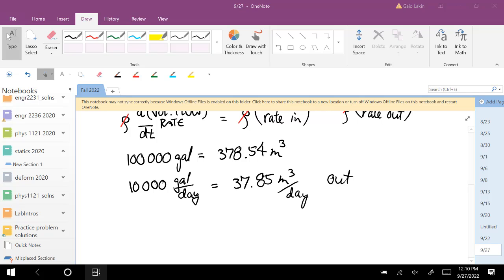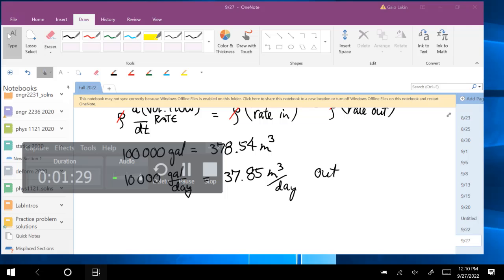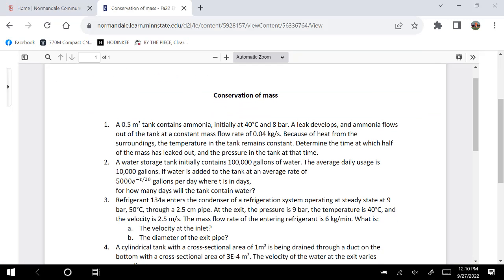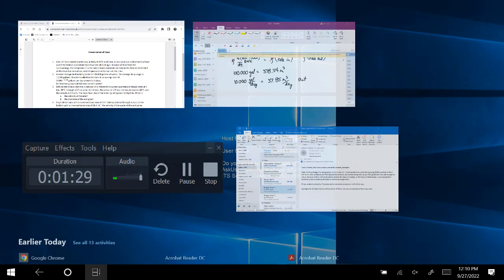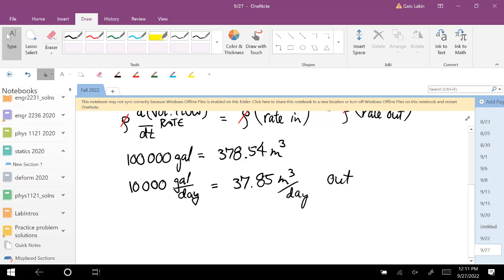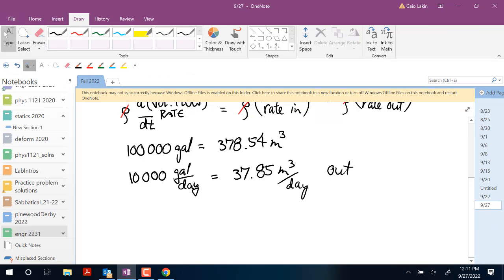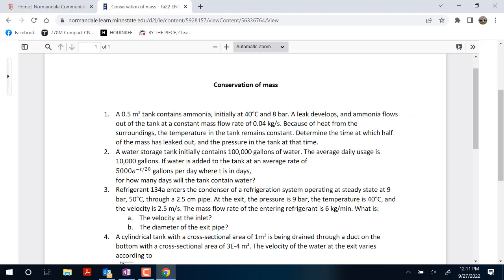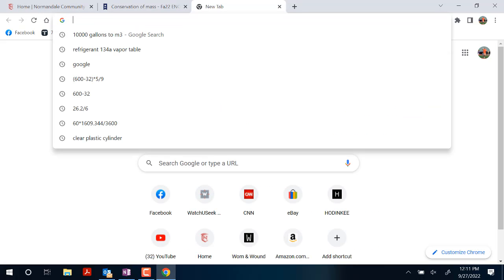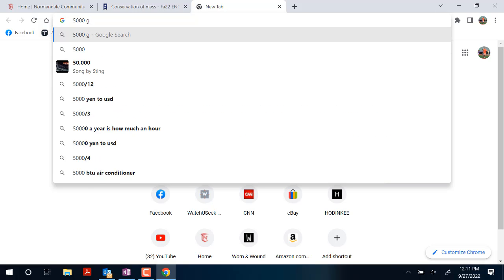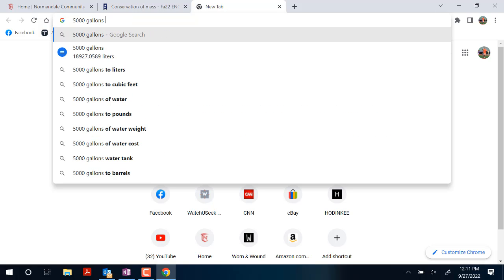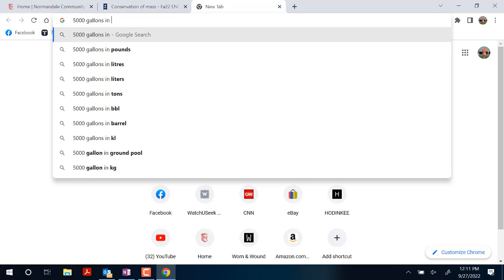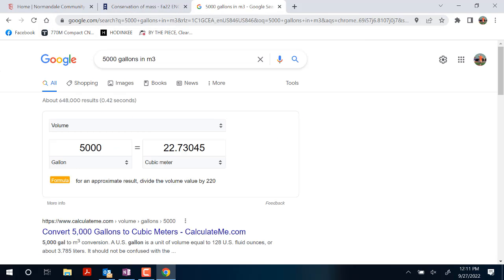Then it's added at an average rate of 5,000 e to the minus t over 20. That's also in gallons, I didn't convert that. 5,000 gallons in cubic meters is 22.73.